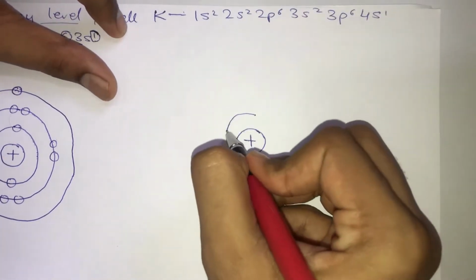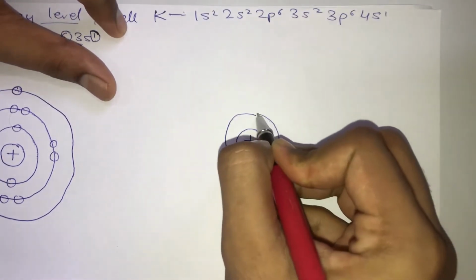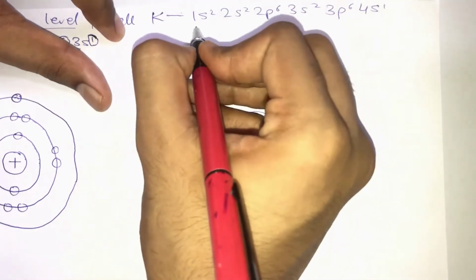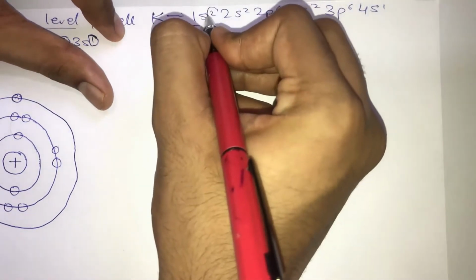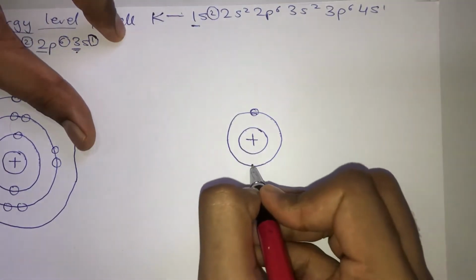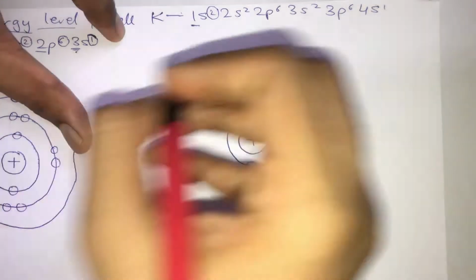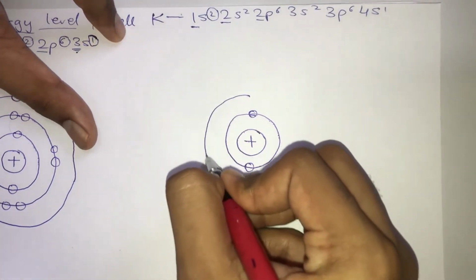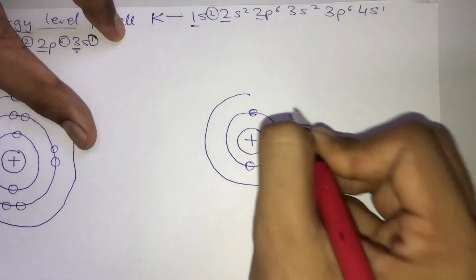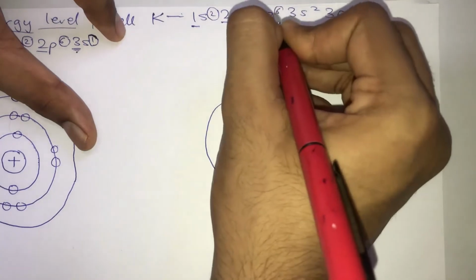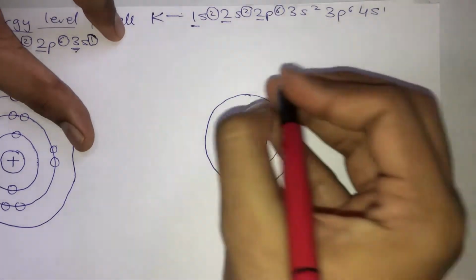Then in the first energy level, my drawing is not good over here guys, there are 2 electrons. Now in the second energy level, again there are 2 plus 6, 8 electrons.